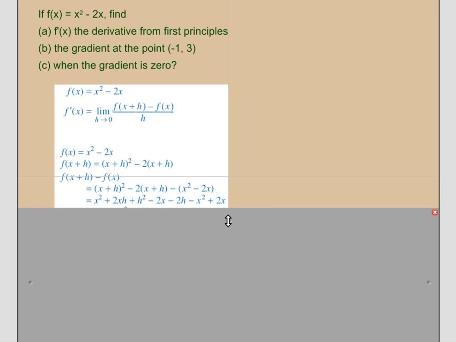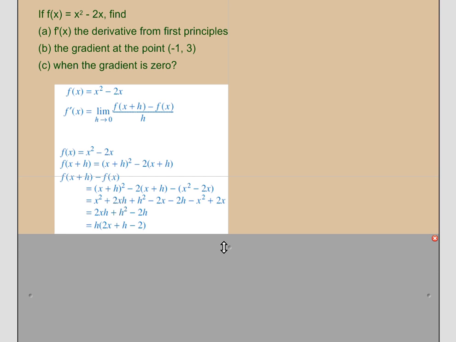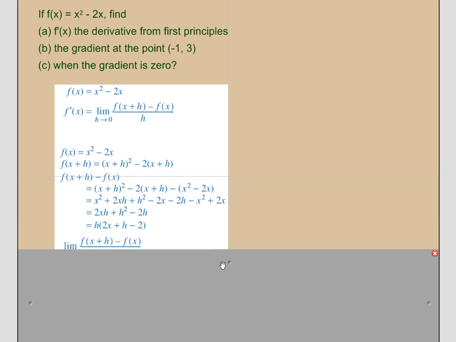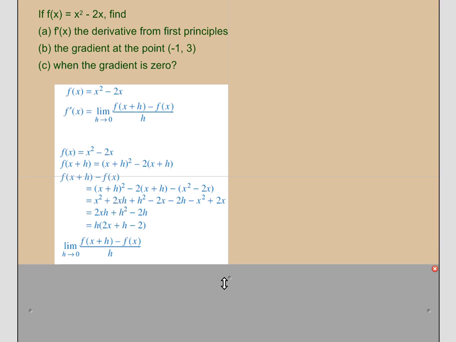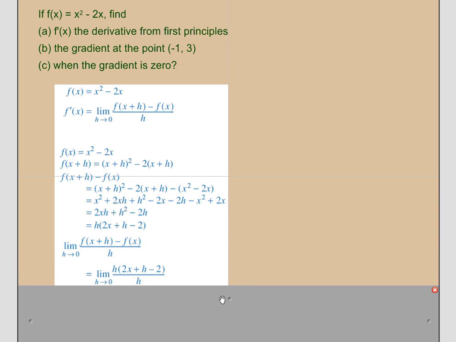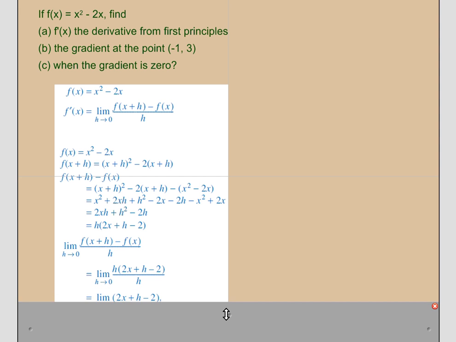So when we expand, we get that, and that simplifies to 2xh plus h squared minus 2h. So taking a factor of h out, and then when we divide by h, that expression is going to simplify to 2x plus h.